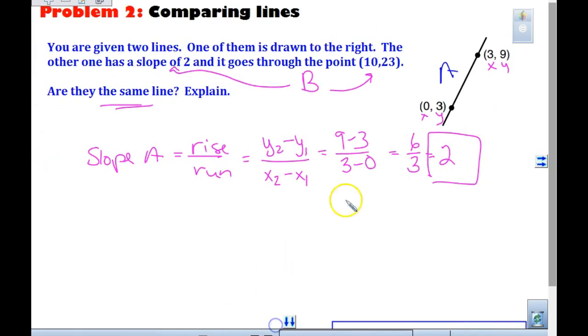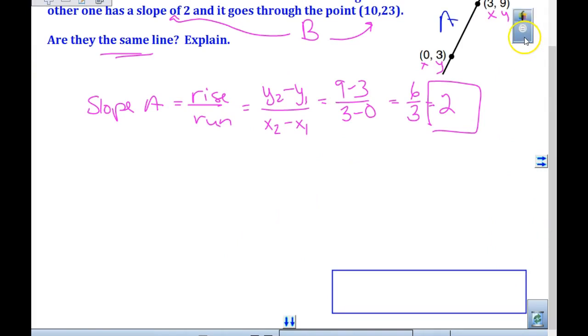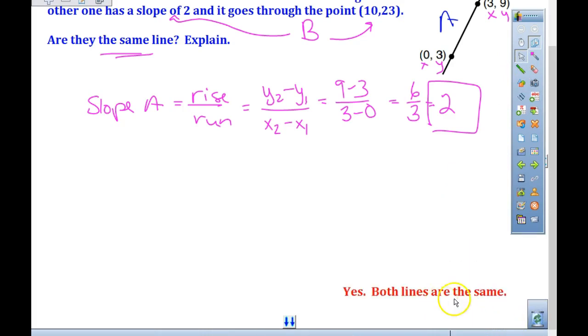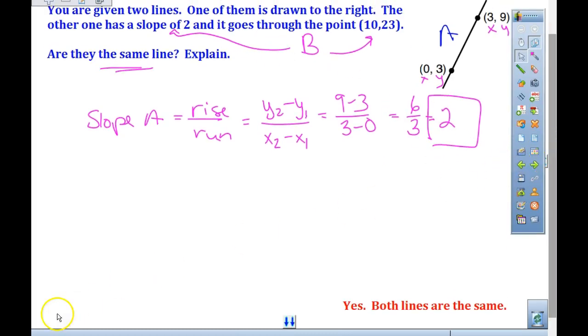So because they have the same slope, what we are going to write down is that they are going to be on the same line. So when you are filling this part out after putting that slope, we are going to put, yes, they are both the same line. Why are they the same line? They have the same slope, okay?